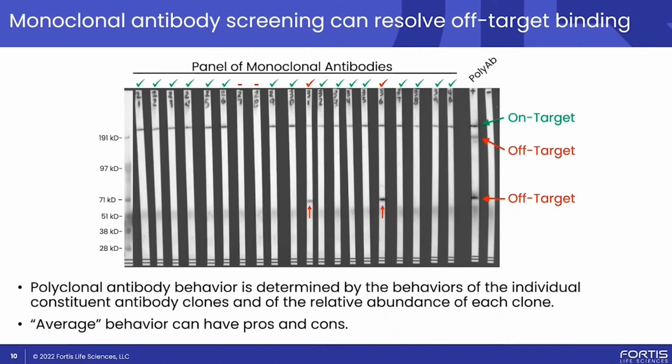And by not using those monoclonals, going with something, for example, like strip 21, we have a monoclonal that doesn't have that off-target behavior. So that's a nice thing about monoclonal antibodies, is the ability to resolve some of the off-target binding that you see with polyclonals.